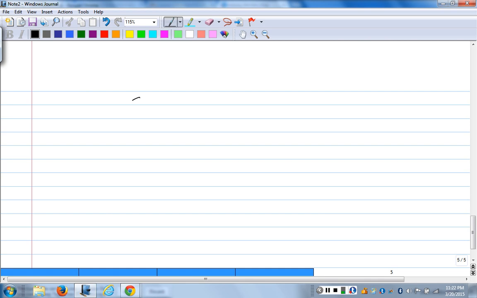So if I look at a carbonyl, and I look at a ketone versus an aldehyde, what I should do is look at specific examples, because that's a bit better.